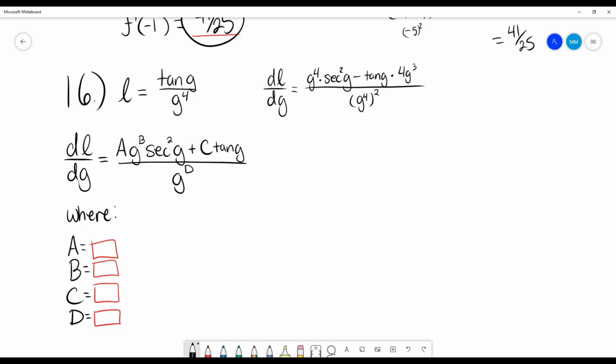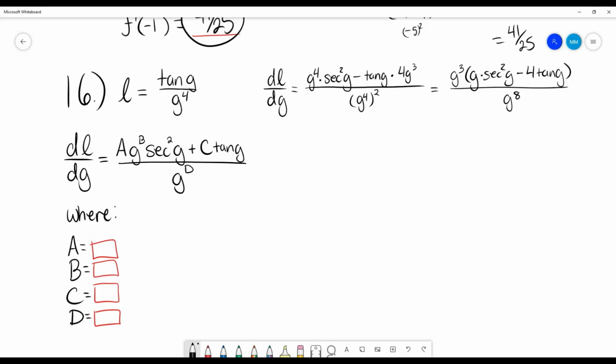And so we see we've got that secant and that tangent, but we see that we don't have a G in there, so we want to make sure we get our G out. And what I can actually see here is I can factor out a G cubed. So I factor out a G cubed, and that turns into a G times secant squared of G minus this 4 times tangent of G. And that's all over G to the 4th squared, which is G to the 8th.